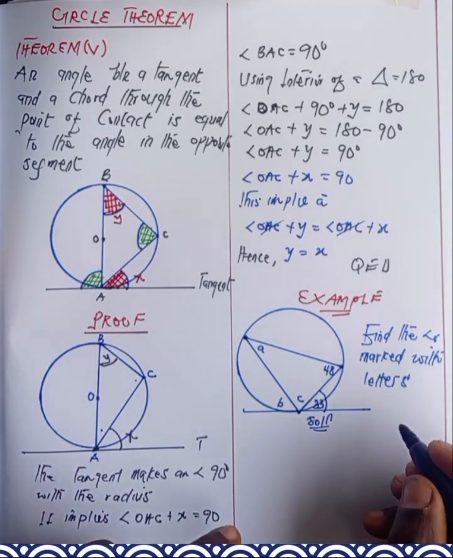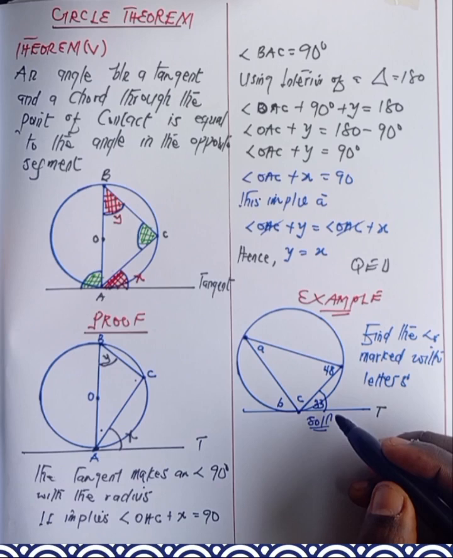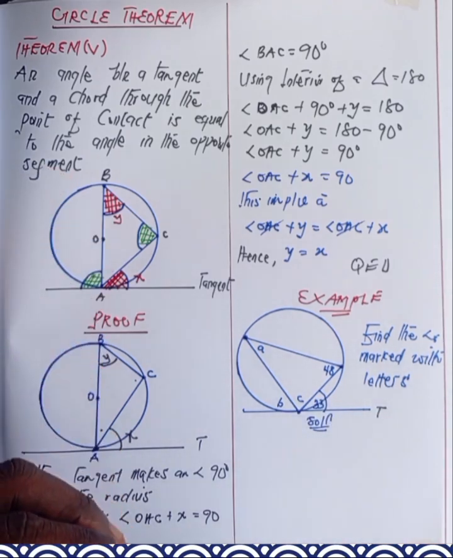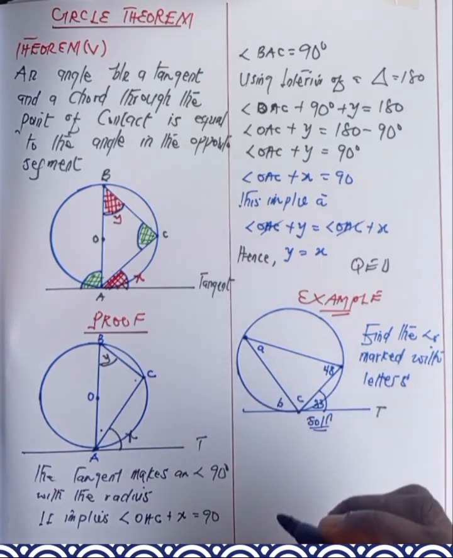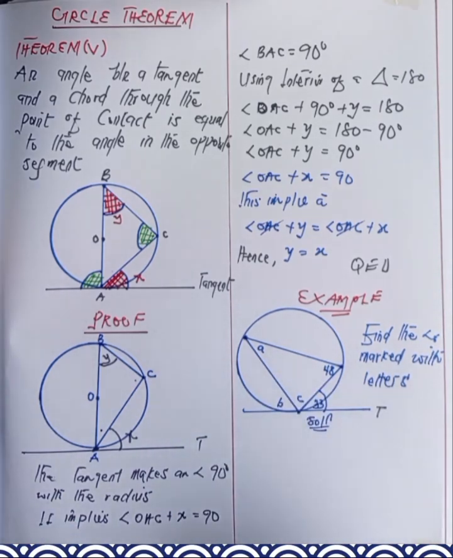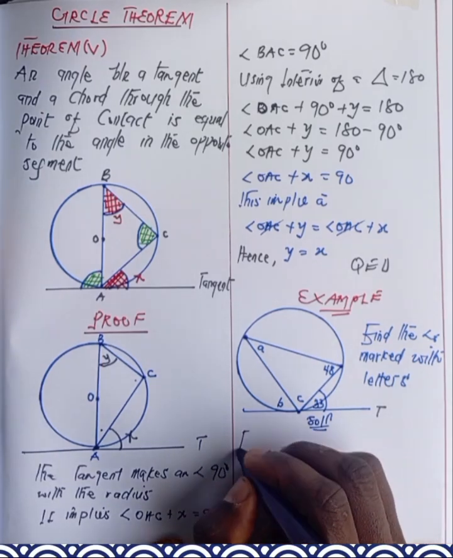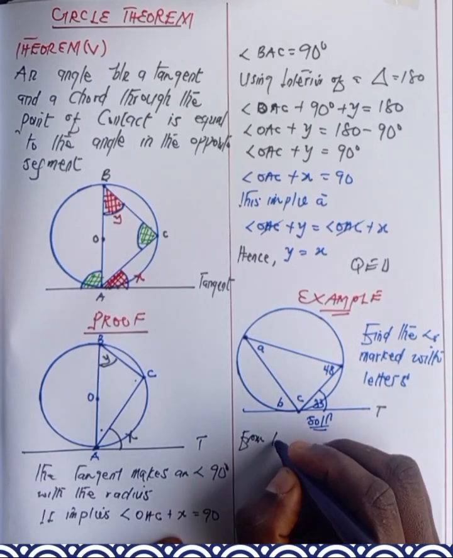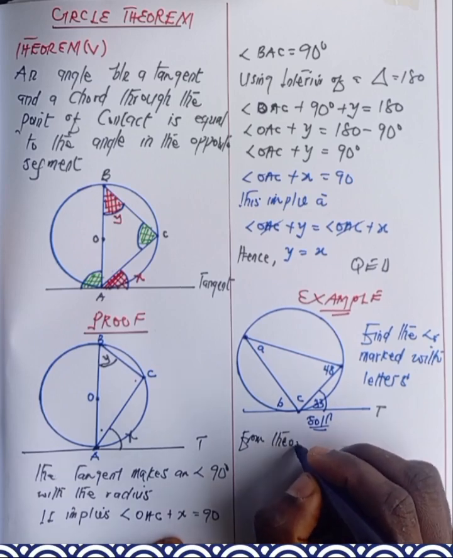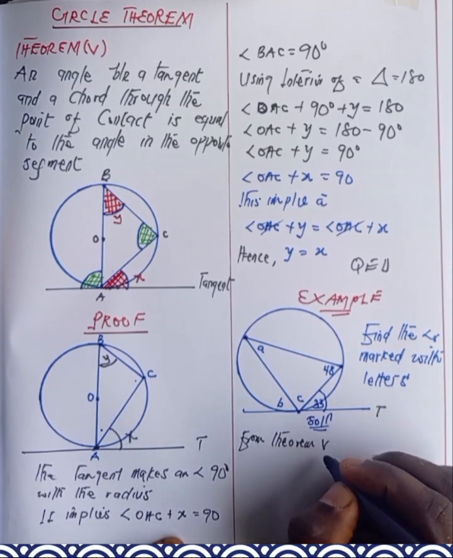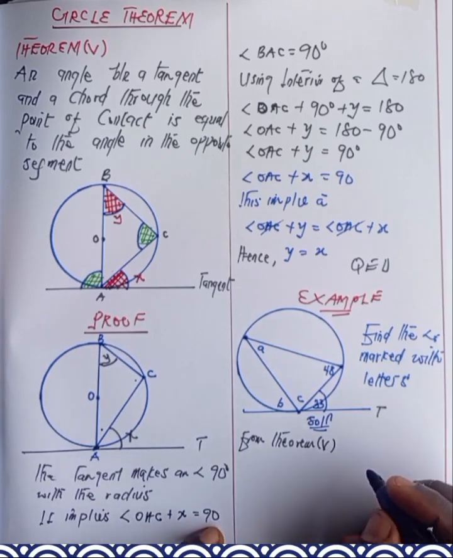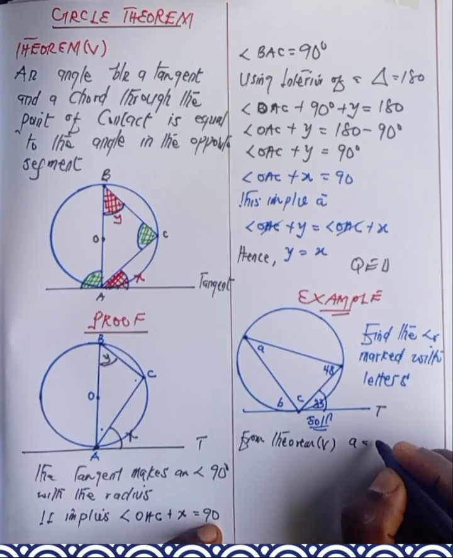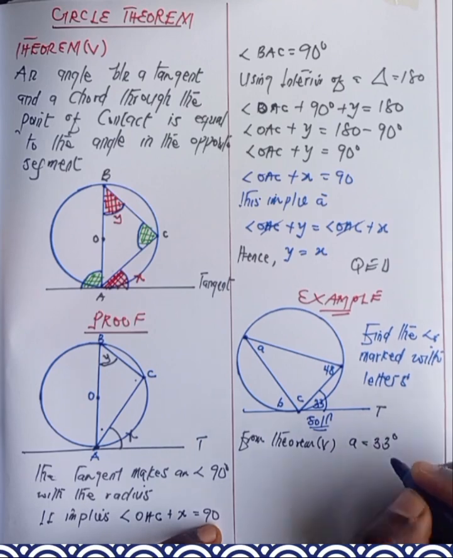So we have a tangent line here, and we can see that an angle is created here, and we know that from theorem 5, the alternate segment theorem, this angle is equal to A. So from theorem 5, A is equal to 33 degrees.